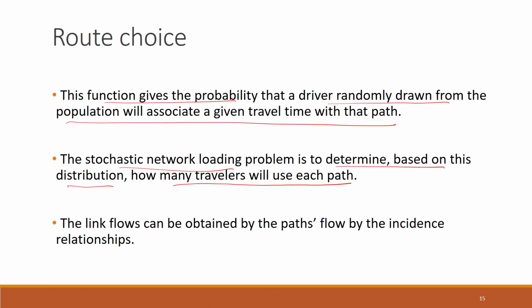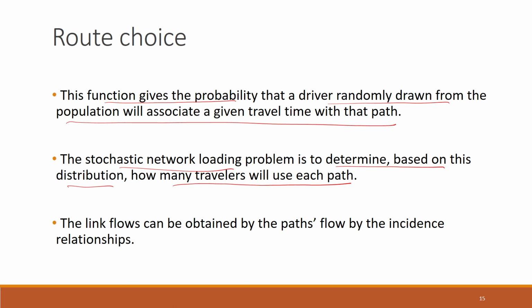Then if 100 people want to travel from A to B, the flow assigned to the first path will be 100 times 0.4, that is 40, and the flow assigned to the second path will be 100 times 0.6, equal to 60. In that way we can get the path flows for different origin destination pairs.